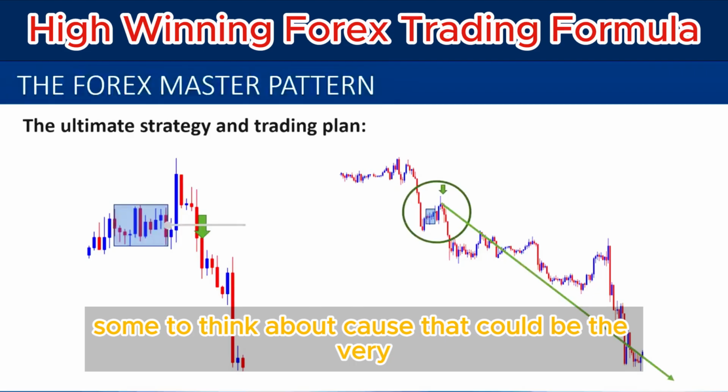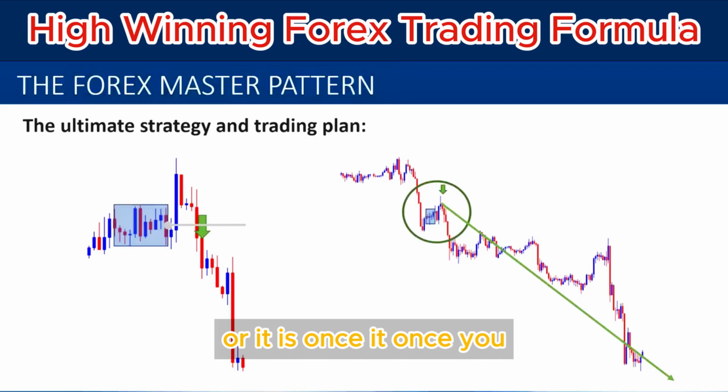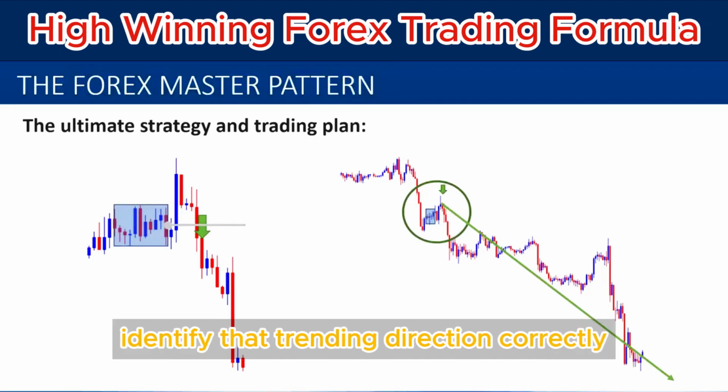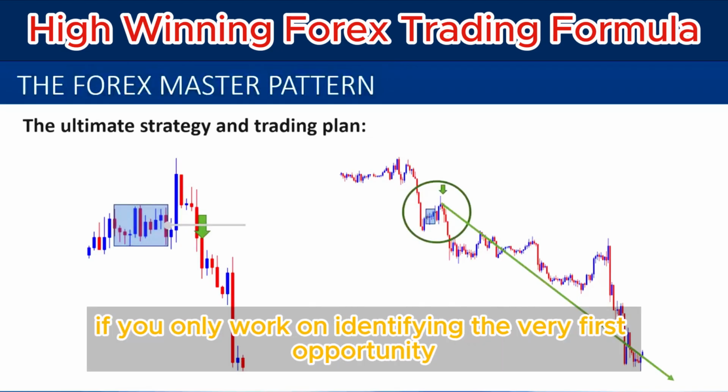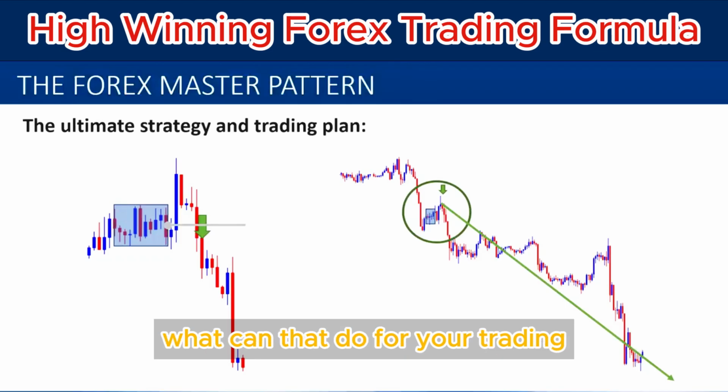Something to think about, because that could be the most powerful position of the entire sequence. Well, it is once you identify that trending direction correctly. So think about that. If you only work on identifying the very first opportunity in every major move, and you only trade that, what can that do for your trade?